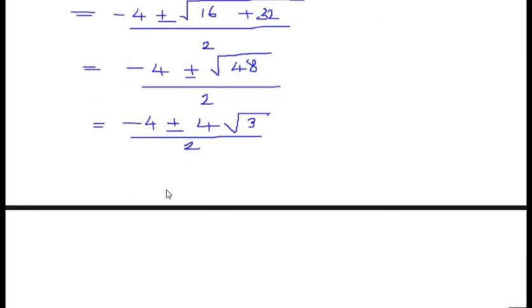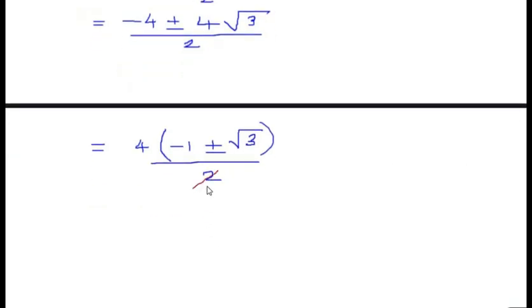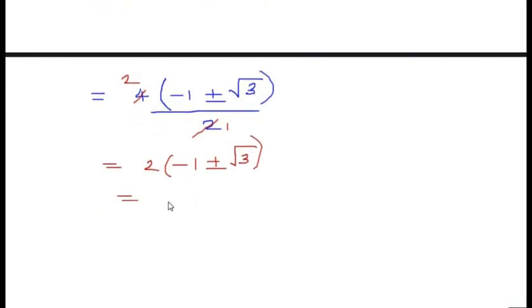Now further solving this, we can just take the 4 out, we can factorize this, and we get the answer as negative 1 plus or minus root 3 over 2. So here we can divide the 4 with the 2, so we get the answer as 2 times negative 1 plus or minus root 3. So we can again distribute it back and get it as negative 2 plus or minus 2 root 3.